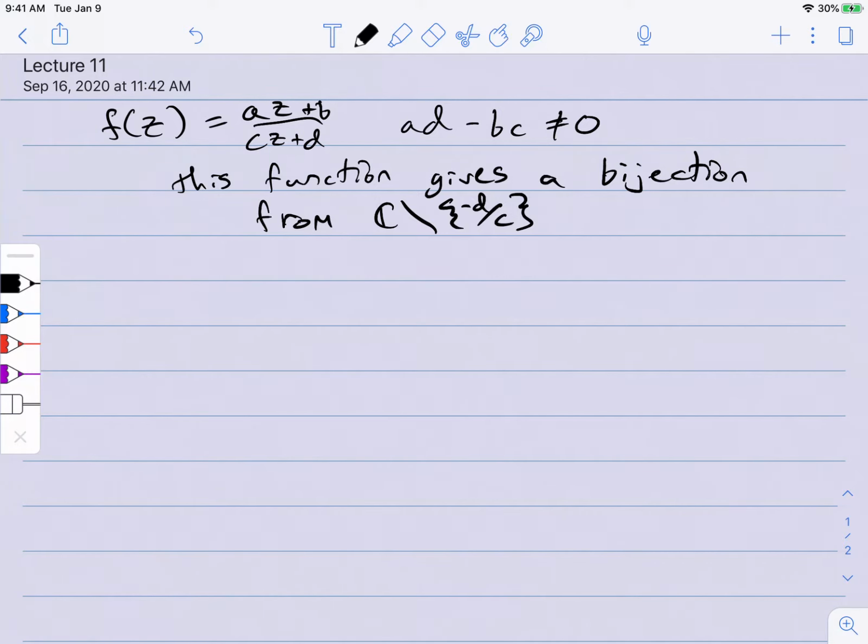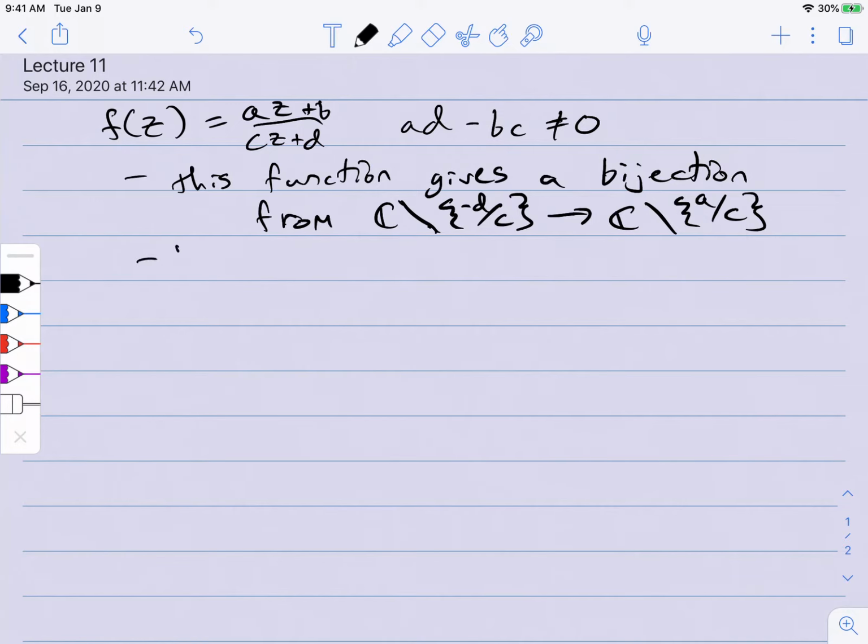So that's the domain of the function, and the point is it's injective on this domain, and it maps to all of the complex numbers except for one particular point, which is a over c.